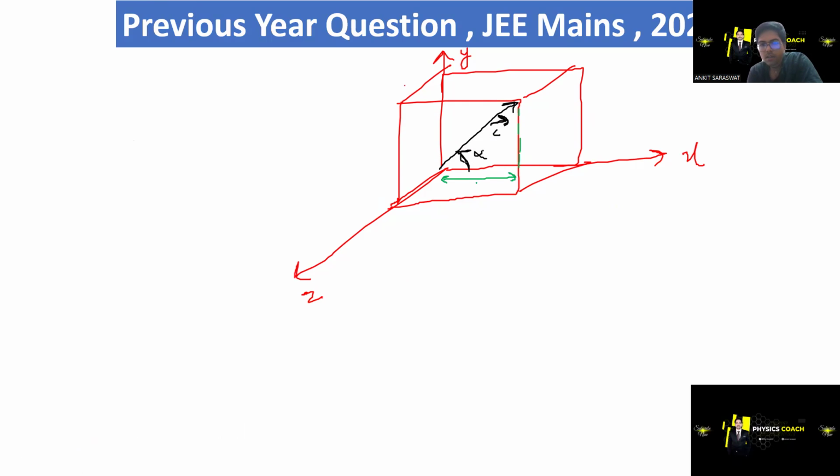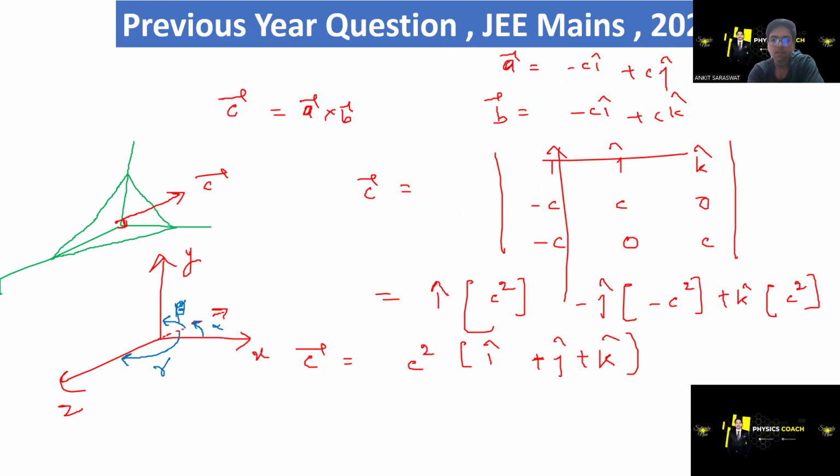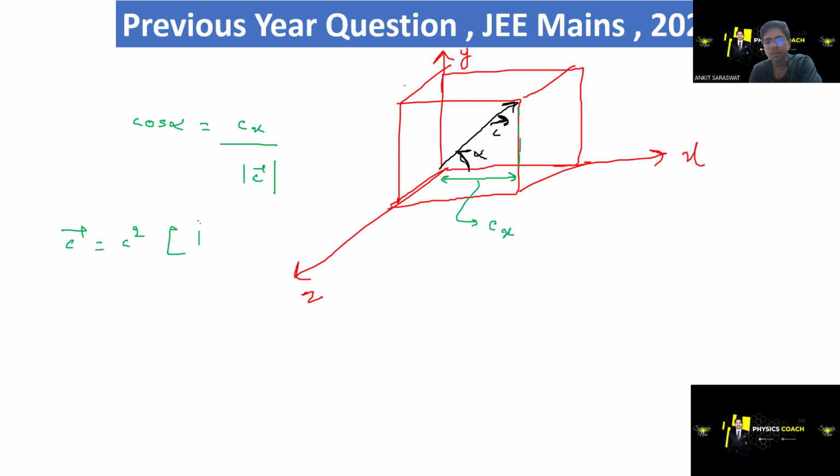This is Cx. So cos alpha will be base by hypotenuse. Hypotenuse is mod of C. Here, what is the C vector? C square times I plus J plus K. Understood? So mod C will be C square times under root 1 square plus 1 square plus 1 square.